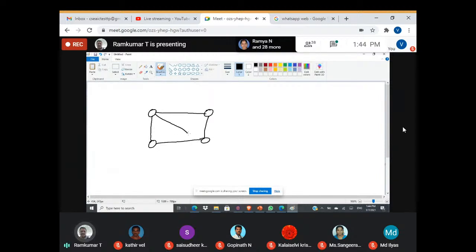I'm simply taking these 4 nodes as A, B, C, and D. In a realistic scenario there might be n number of nodes, that's a different story, but for our convenience I have taken a 4 node network, right?